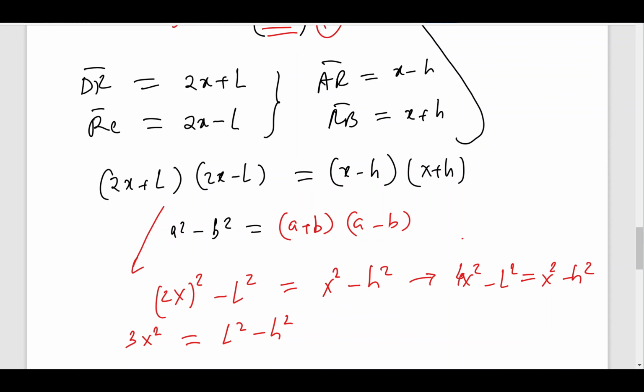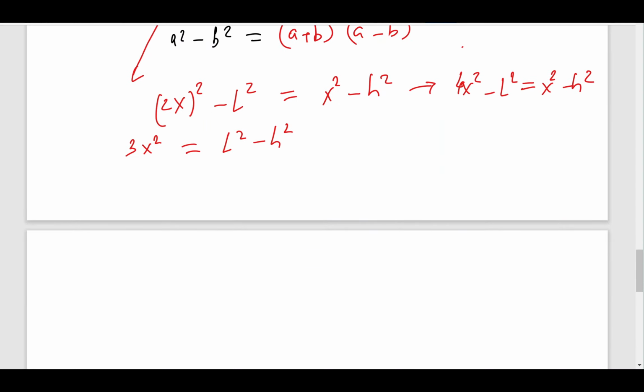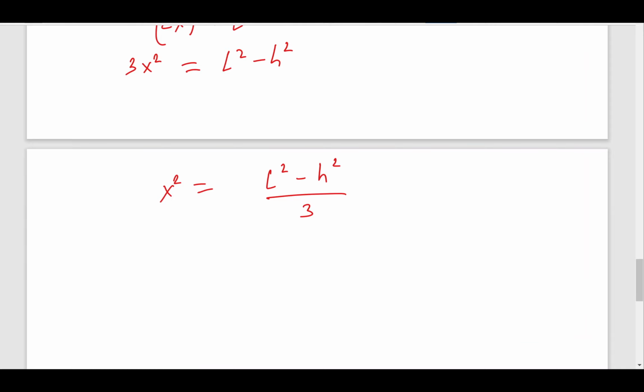Mind you, we are looking for 2x, which is equal to AB. So we can manipulate now this expression here so that we get 2x. From the expression you can see x square is l square minus h square over 3. So I can multiply by 4 both sides. I can say 4x square equals 4 times l square minus h square over 3.